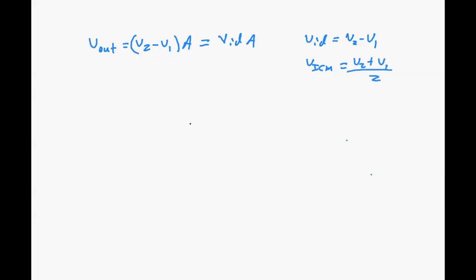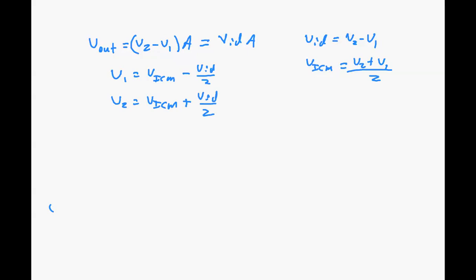And we have V1 is equal to VICM minus VID over 2, and V2 is equal to VICM plus VID over 2. And with that, we could figure a few values here.